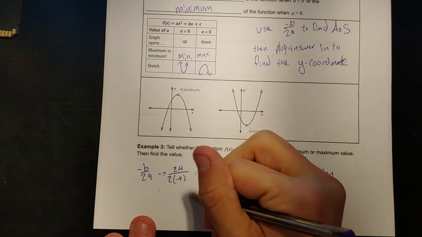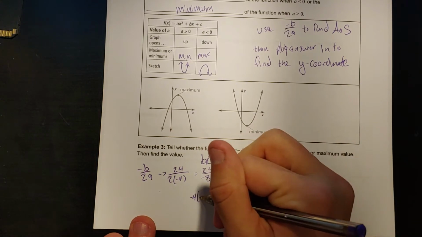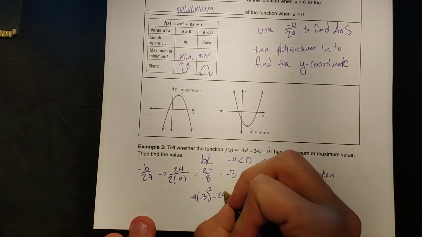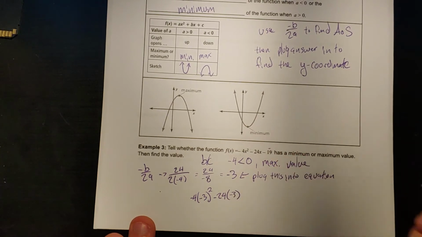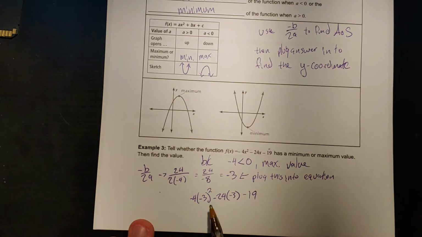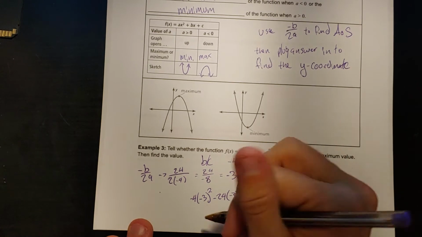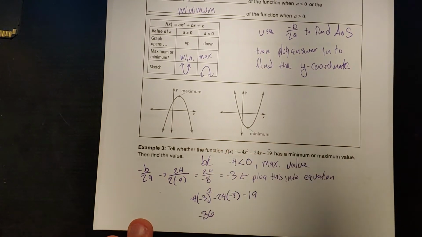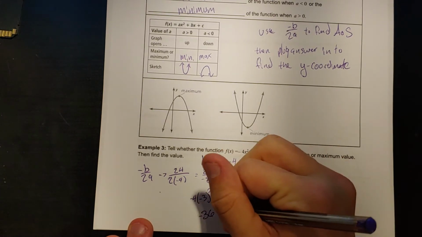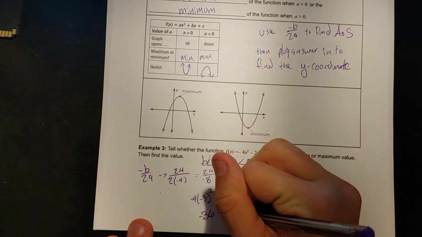So it's going to be negative 4 times negative 3 squared minus 24 times negative 3 minus 19. So negative 3 squared gives me 9, and then 9 times negative 4 is negative 36. Negative 24 times negative 3 gives me positive 72.